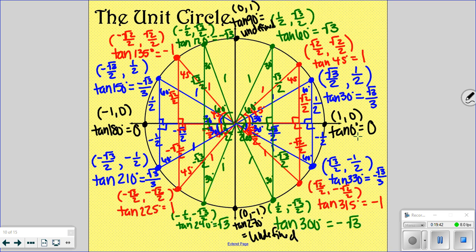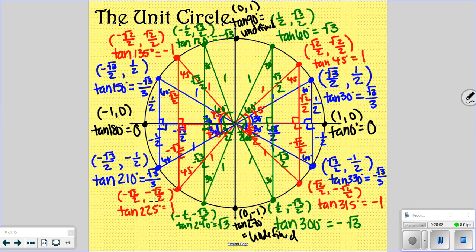So there are 16 points in total. 1, 2, 3, 4, 5, 6, 7, 8, 9, 10, 11, 12, 13, 14, 15, 16. So those are 16 points, and each of them have an x, y, and a tangent value. So tangent of 0 equals 0 is 1 point, and then 1, 0 is 2 points for the whole thing.